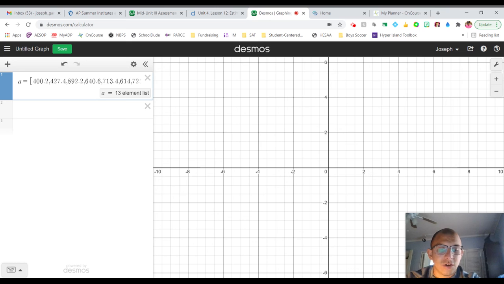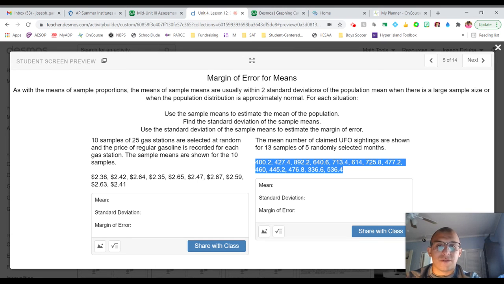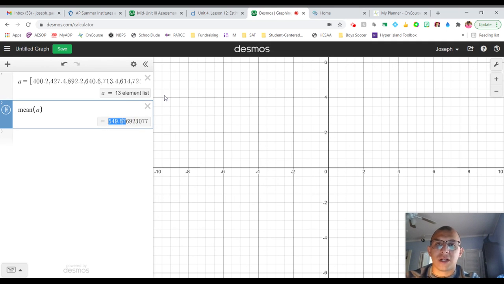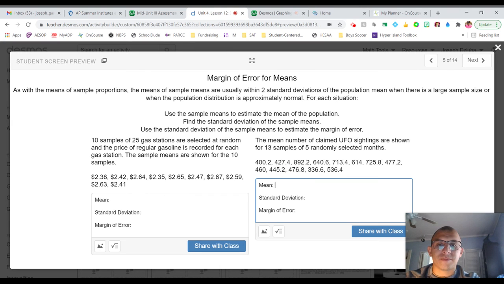Use a brace, which is right next to the letter P symbol, then input your list, and then close. So our first statistical measure that we need to calculate is the mean. I can literally type mean of that list A, and I have my output here of 549.67.